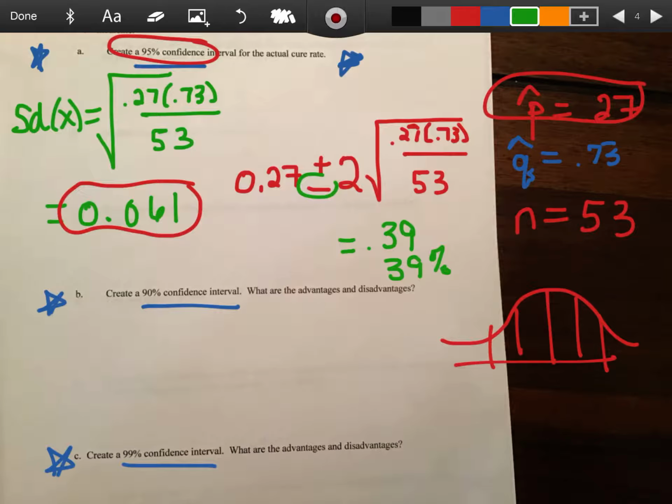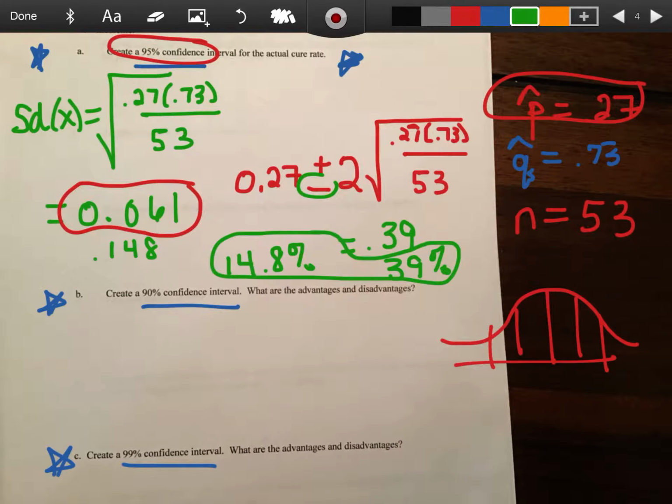And what I got that to equal was 0.1428, which is about 14.8%. So I am 95% confident that the true proportion of my population that would report improvement would be between 15% and 39% of the population.